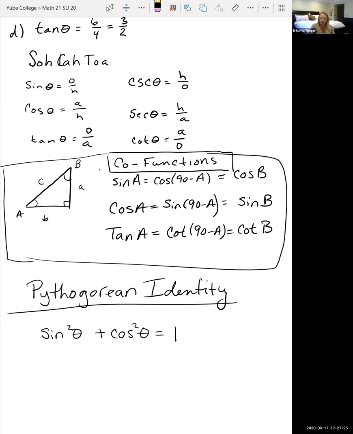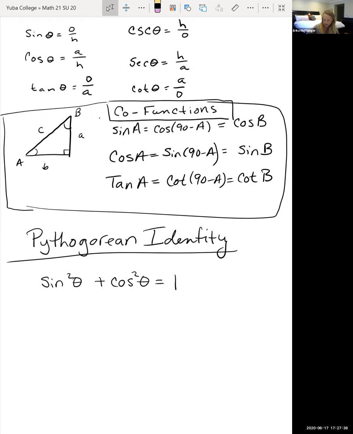And then we talked about it's important that you be able to recognize any form of that. So maybe getting sine squared by itself, that's the same thing as 1 minus cosine squared theta. Getting cosine squared theta by itself. There's 2 other ones that you need to recognize, and technically I don't have those memorized.